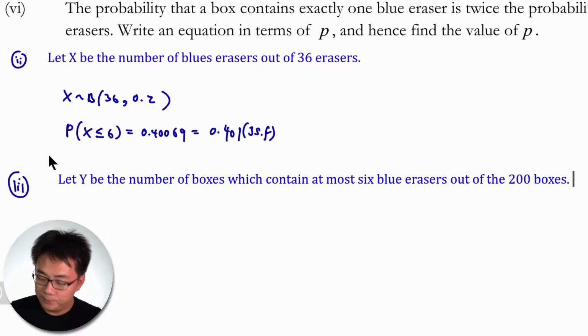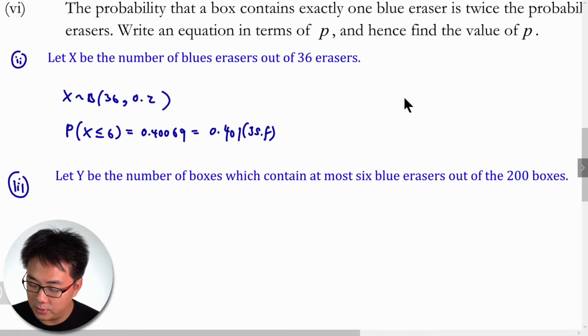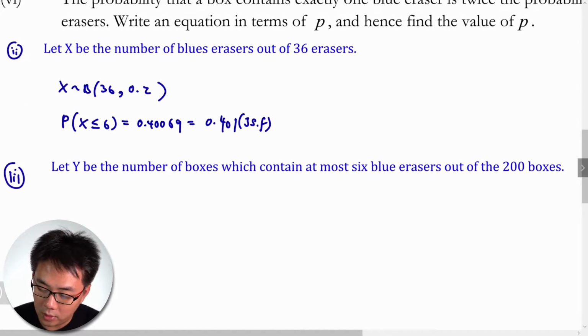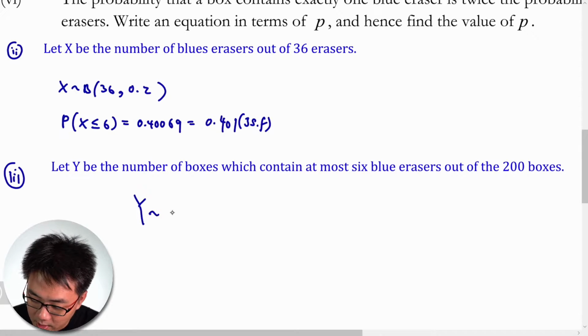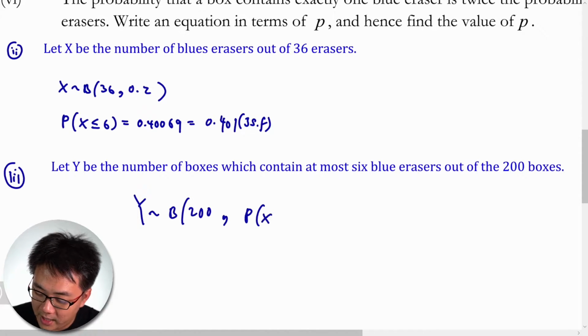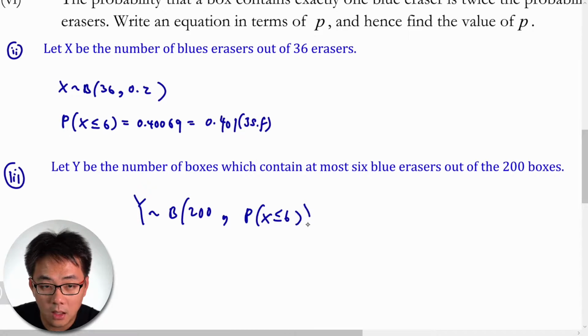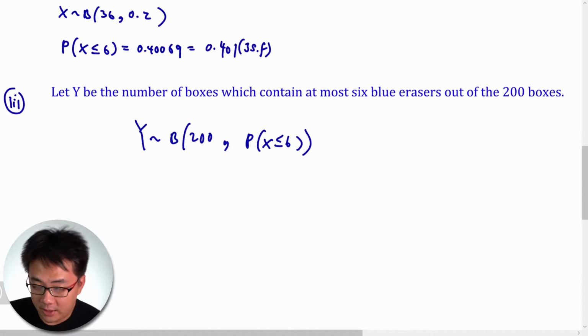So your choice now is Y. You have 200 boxes, and every one of them has probability P(X at most 6). Then you want at least 40% of it.